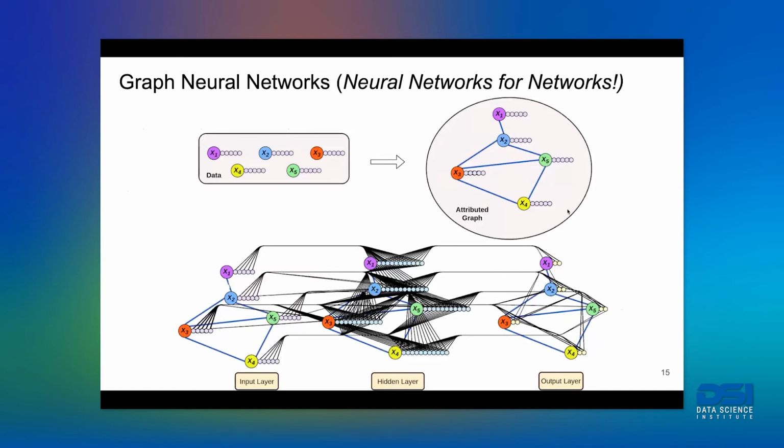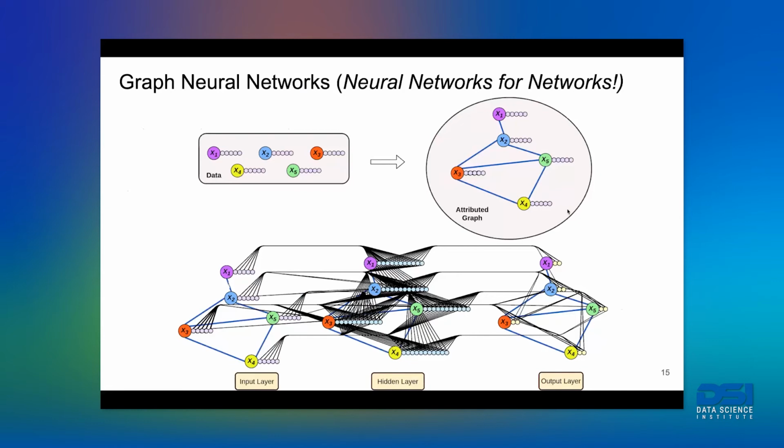And so you go from a data set to an attributed graph being the data set. An example of this would be like the contact networks I was just talking about, where maybe the nodes are people, and each of these little dots associated with the node is their age, their race, their yearly income, any sort of number that further characterizes that node.